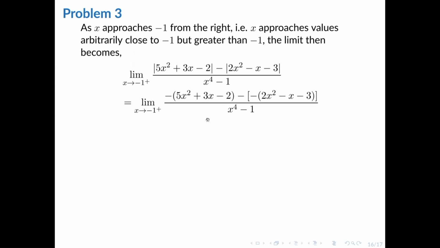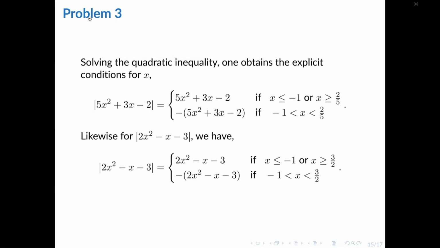Going back to this slide, at values of x greater than -1, so from the right, we will use this expression here. Similarly, for the absolute value of 2x squared minus x minus 3, at values of x greater than -1, we will use this expression here.